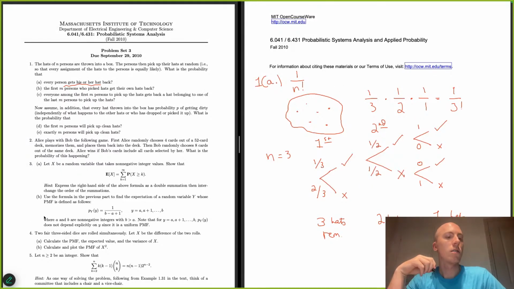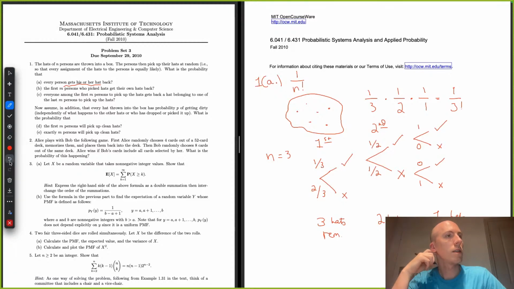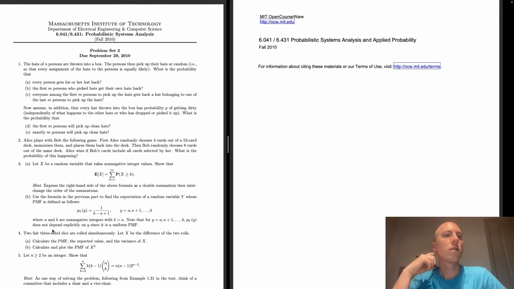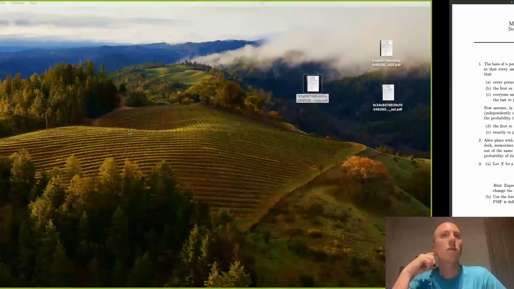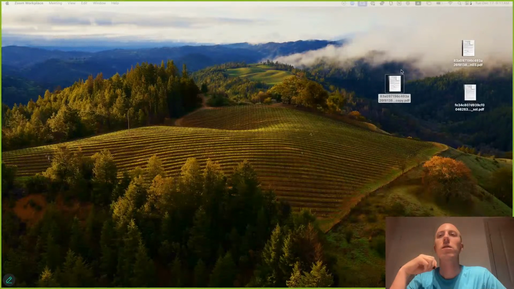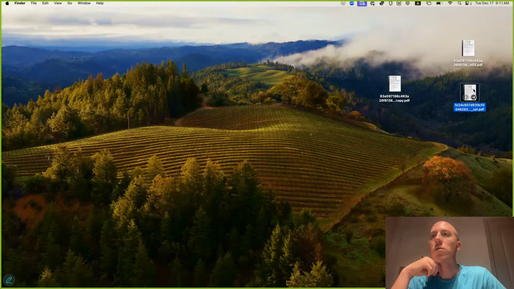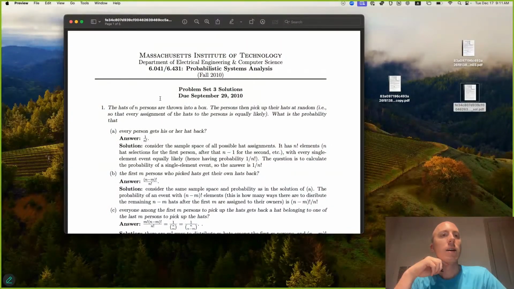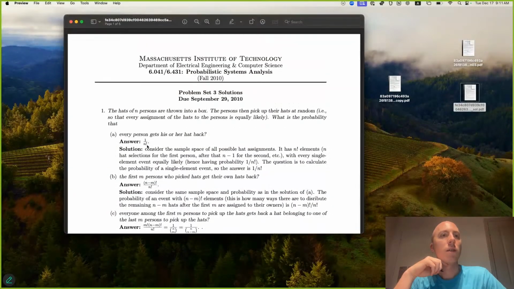And we can look, oh nice, it's just this annotation thing here. That's great. Is that always there? Yeah, it's always there. Cool. Let's look at the solutions. Yeah, 1/n factorial.